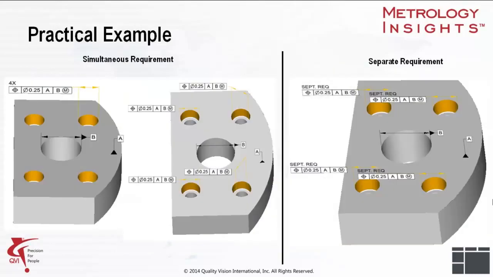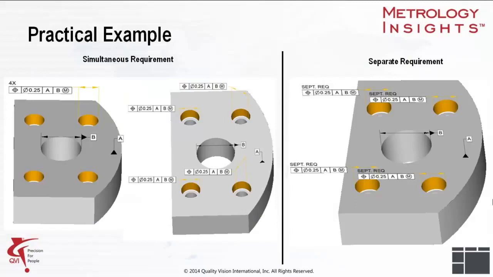Let's look further into the differences between simultaneous and separate requirements by comparing the two tolerances in this example. On the left, we see that simultaneity applies to the four feature control frames because datums A and B are referenced in the same order with the same modifiers.